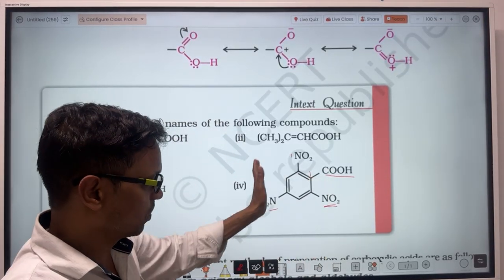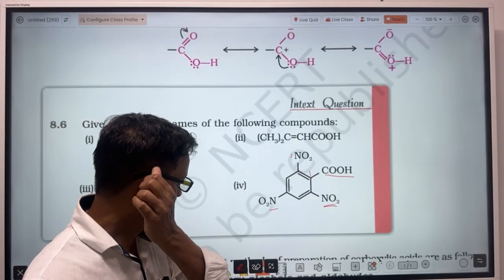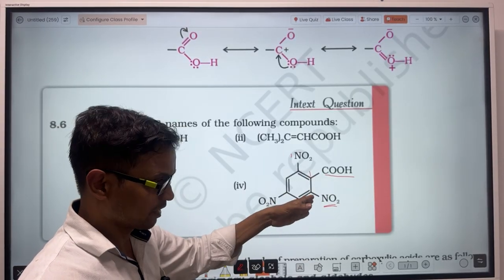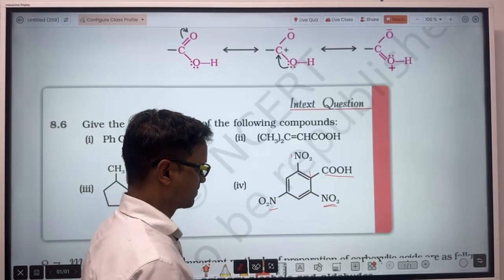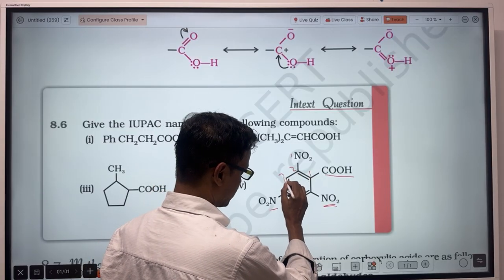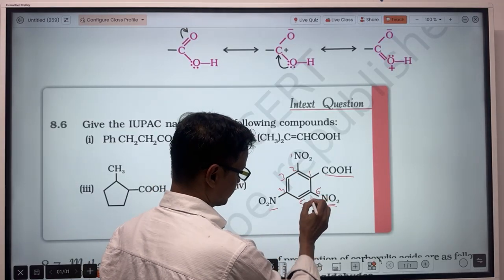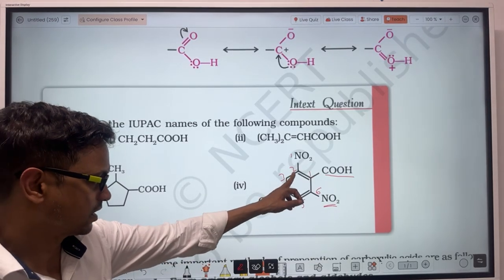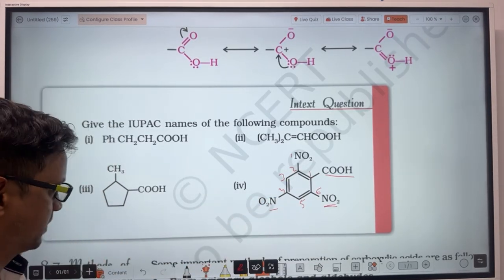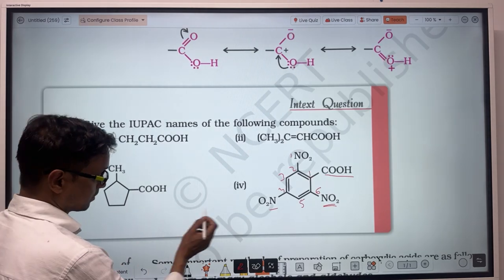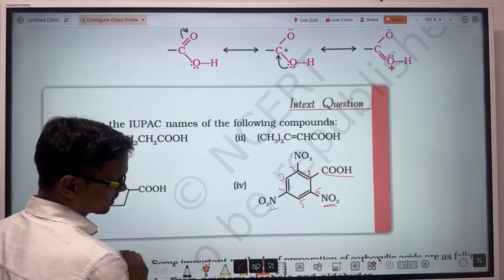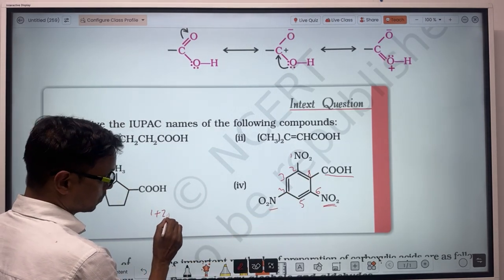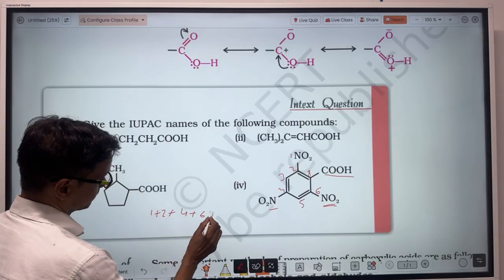Then go clockwise or anti-clockwise and consider the next substituents. It is first here, so second carbon, third, fourth, fifth, sixth. The substituents are present at the second, fourth, and sixth carbons. So the locants are 1, 2, 4, and 6.